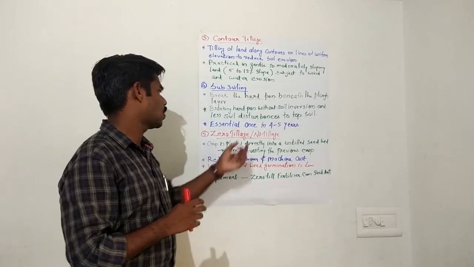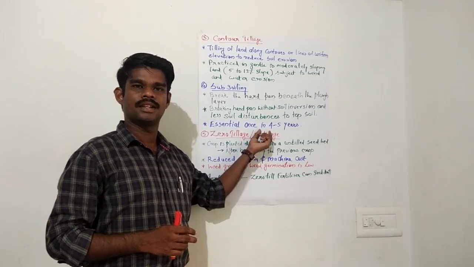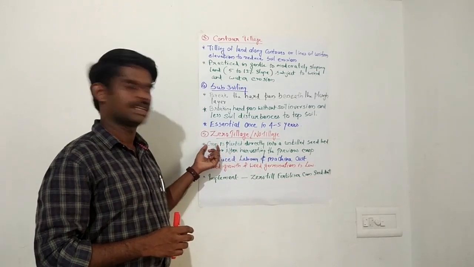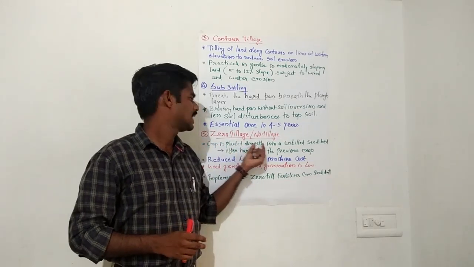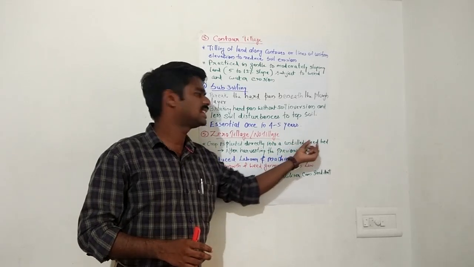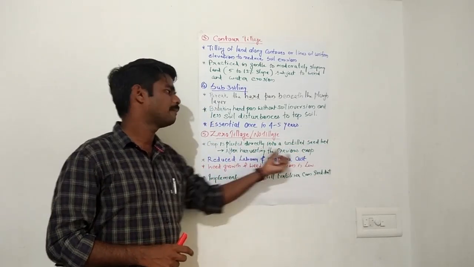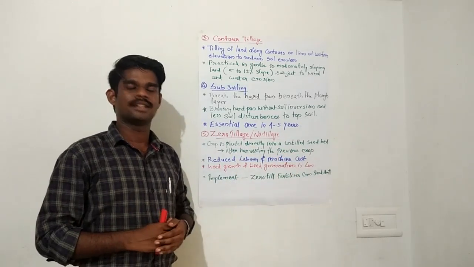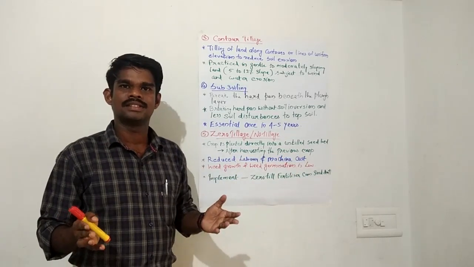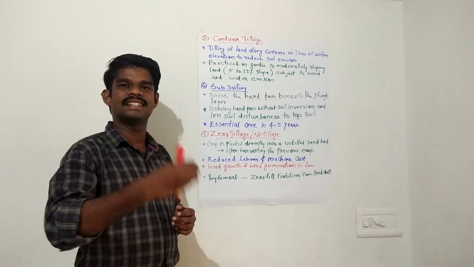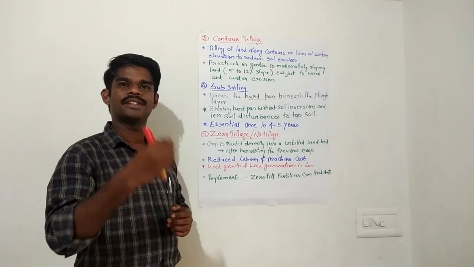Zero tillage or no tillage. In this system, the crop is planted directly into the untilled seedbed after the harvesting of the previous crop. So there is no tillage process, just putting the seeds after the previous crop.